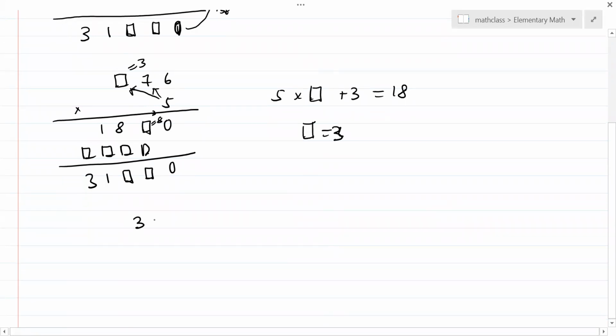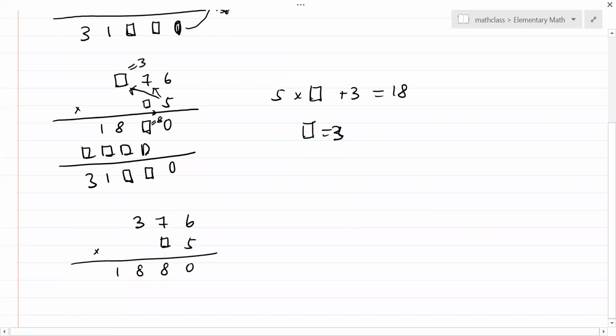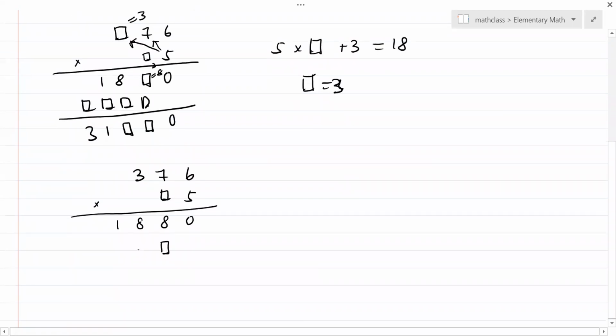So let's write down. You already got this number. Only one number is missing, is this number here, 5, right? And you got 0, 8, 8, 1. And then you have this, and you got 0, this number, 1, and 3.